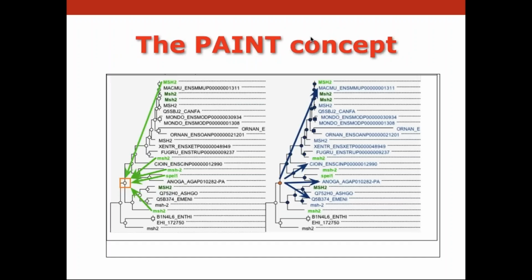Here on the left is a gene family for MSH2, which is another member of the mismatch repair complex. This is conserved from human to E. coli. The sequences in green have experimental annotations made by other groups.